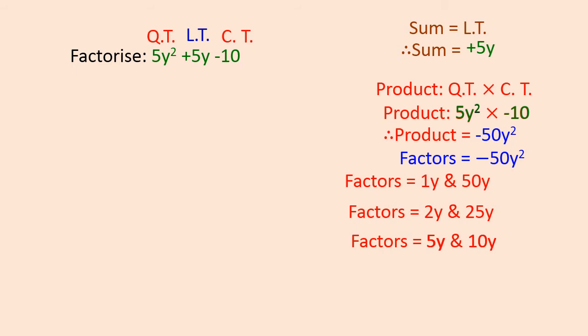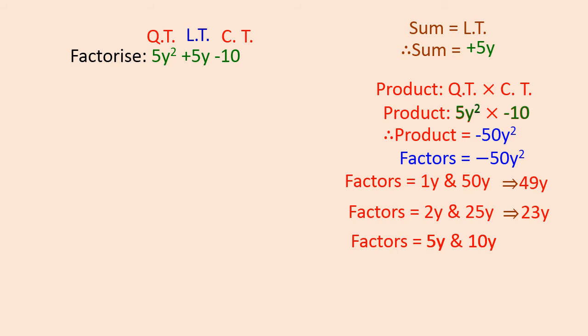Then what we will do with the minus sign? Minus sign indicates that I need to find out the difference between their factors. Again I'll repeat, we need to find out difference between the factors. Factors 1y and 50y, we have to find out difference. Difference will be 49y. Second one 2y and 25y, 23y. Why we are finding out difference?